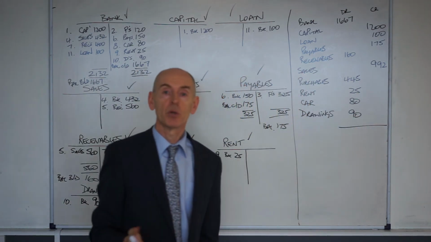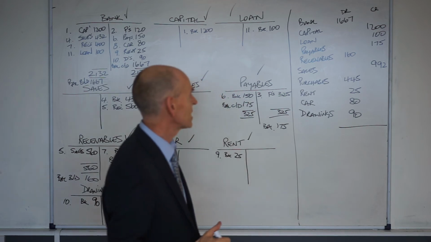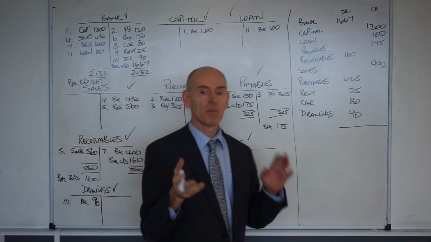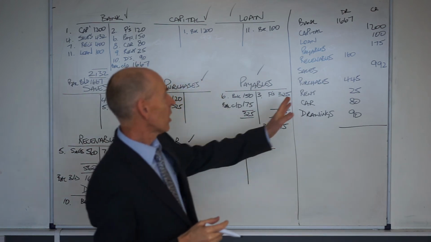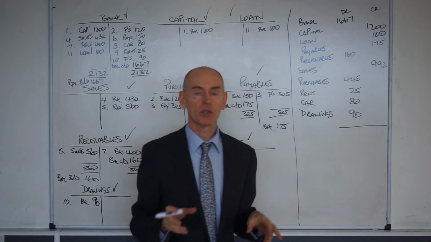Okay, so proof is in the pudding, as they say. If my bookkeeping has been done correctly, then the debit column and the credit column totals should be the same.